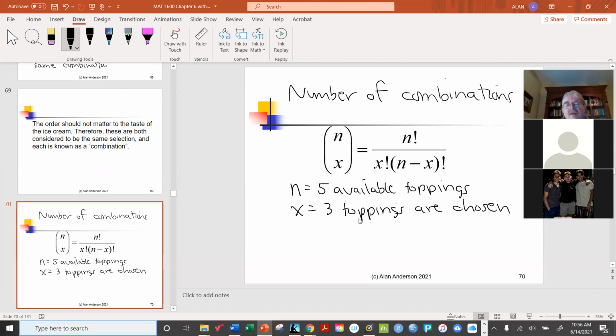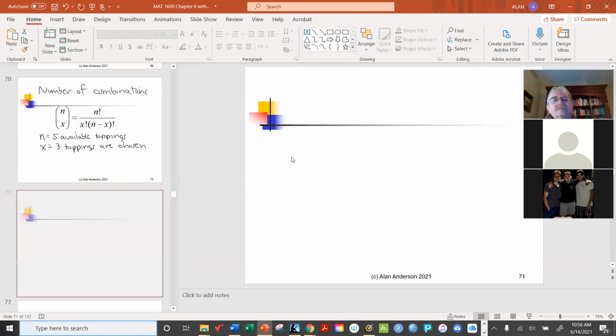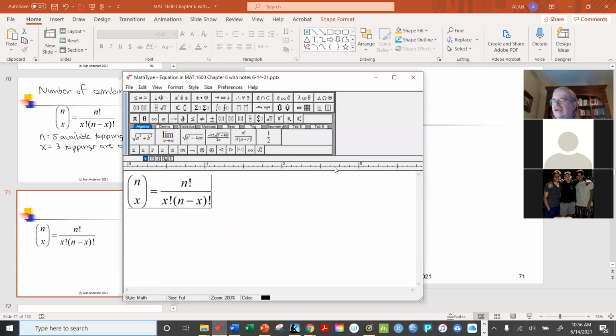So in our example, N is 5 and X is 3. So if I copy these into this formula, let's see what happens. Have you noticed I'm using this wonderful equation editor that lets me do this, which is kind of cool.